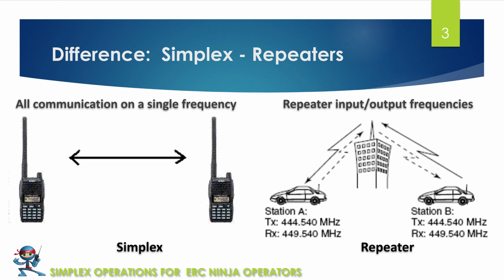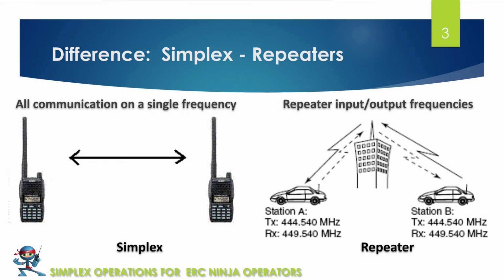As you can see from the diagram on the left, in Simplex, all radios are on the same frequency for transmit and receive, and the signal goes directly from one radio to the other. In contrast, a repeater, as shown on the right, is a two-way radio system that receives on one frequency and transmits on another at the same time.